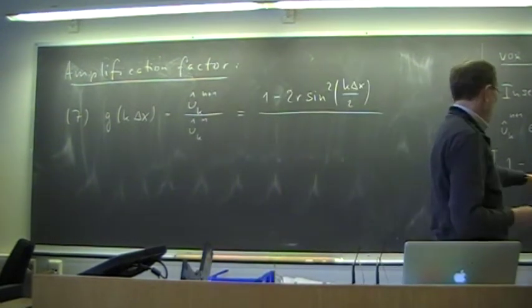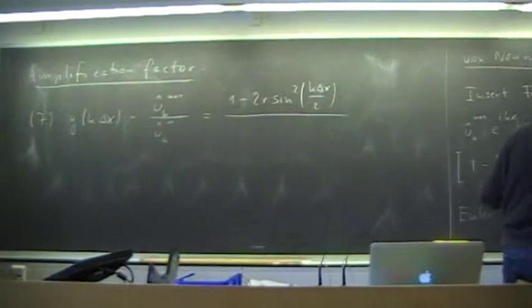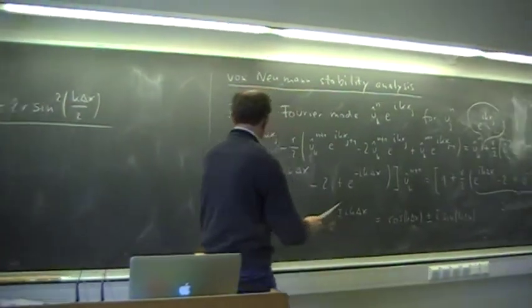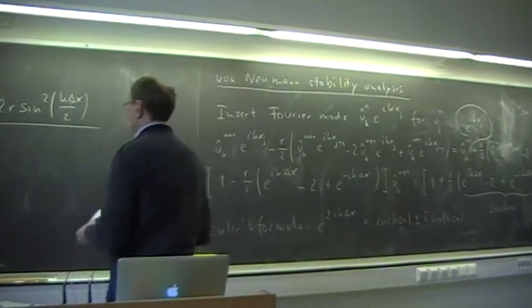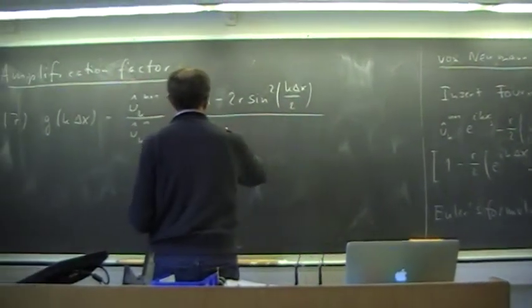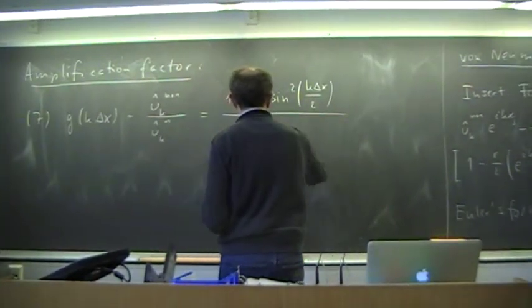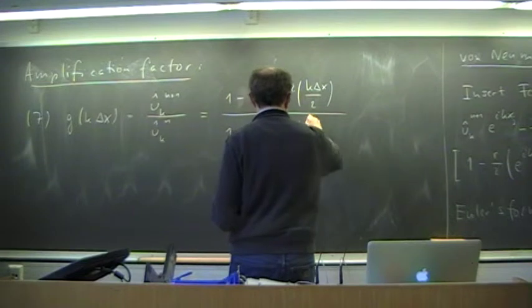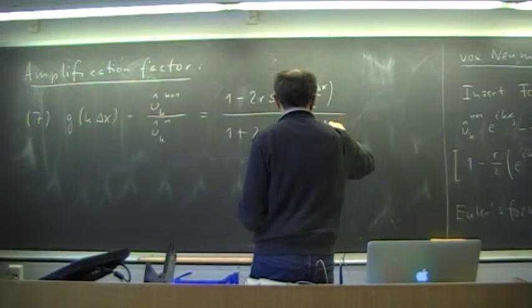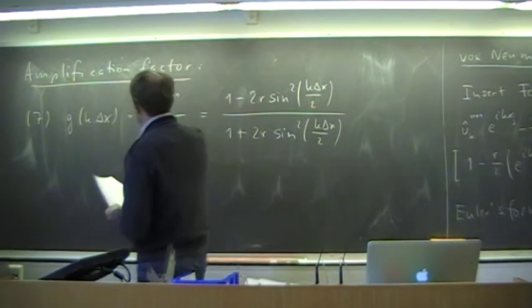So again, in parentheses, this is minus 4 sine squared, and then this turns it into a plus: 1 plus 2r sine squared of k delta x half. So that is the amplification factor.